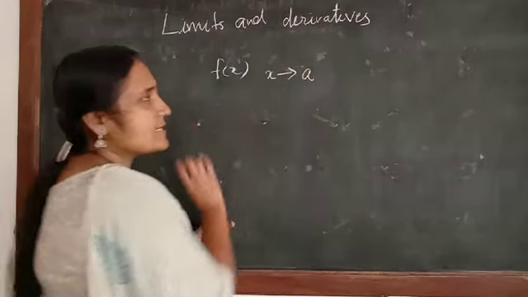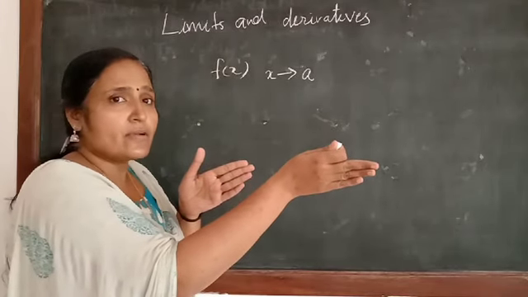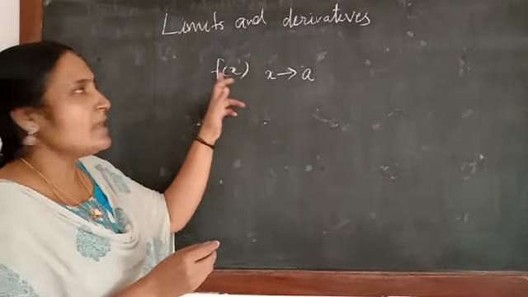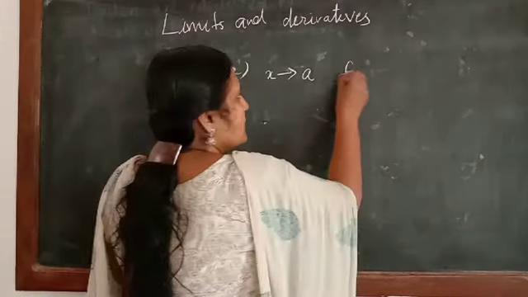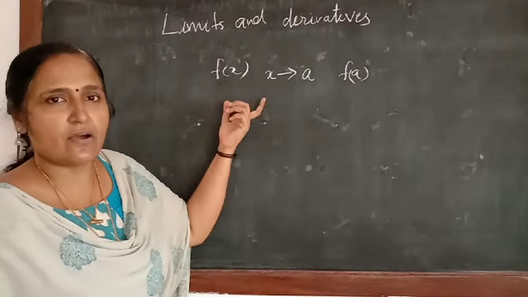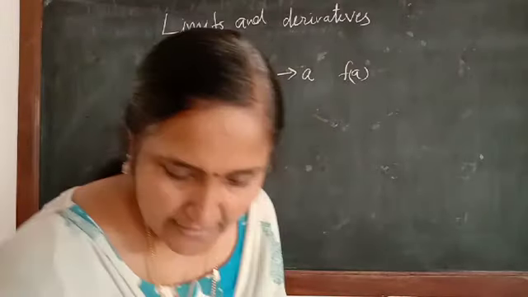Suppose x tends to a, meaning when the value of x is approximately equal to a, then the value of the function will be equal to f of a, and we discussed some questions based on that. So today we are going to study the next type.